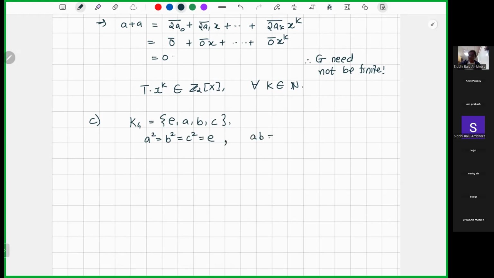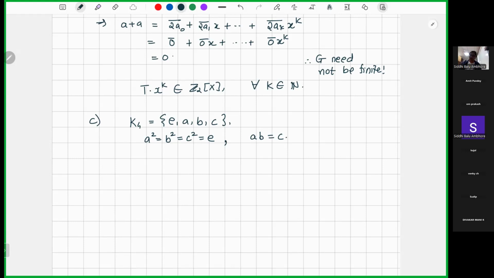And we have AB is equal to C. And the moment I have AB is equal to C, all the other conditions are satisfied, that AC is equal to B, BC is equal to A, and so on. Okay, and this is a group which satisfies that A square, B square, C square is E, and the group has only 4 elements.